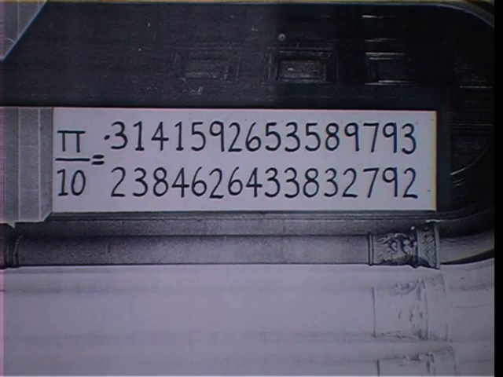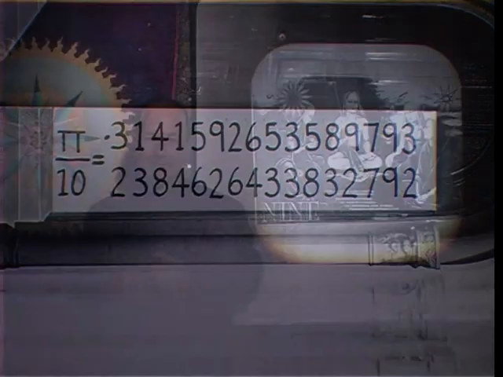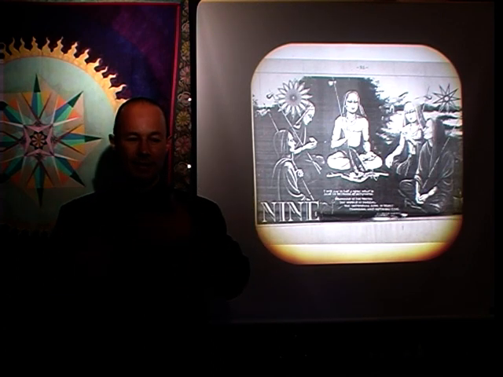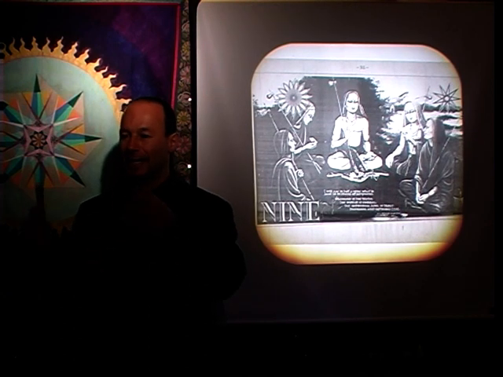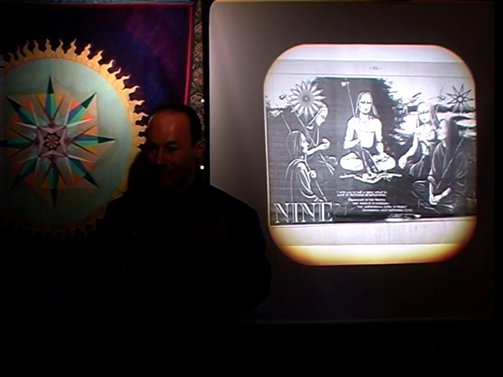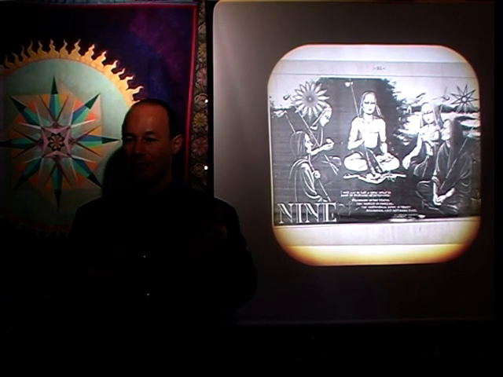So the question is, how did the ancient people 2,500 years ago know that pi was something to be recited to 32 decimal places? How did they know that? It's quite incredible. So there was advanced knowledge on the planet and it got lost, it got buried, it got hidden during the Islamic wars when Islam came and conquered India. These original techniques of higher learning got buried and lost.